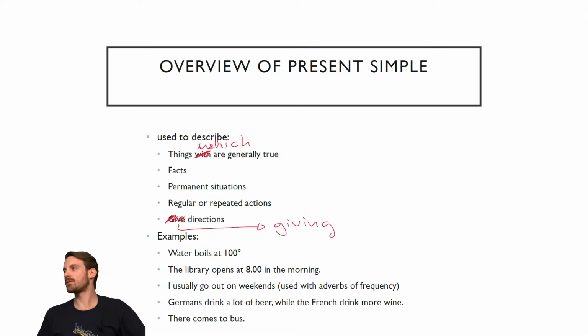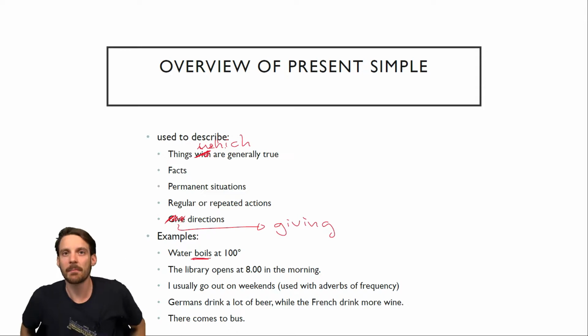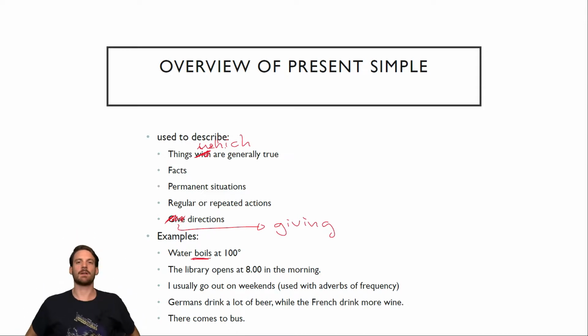I've listed several examples here. A thing that is not generally true, but it is a fact, is that water boils at 100 degrees. So boils is the simple aspect of the present simple.